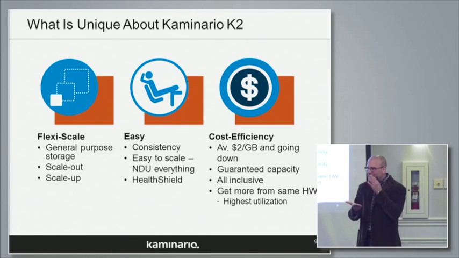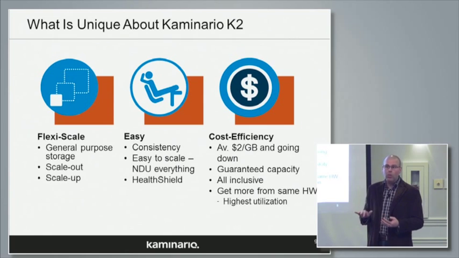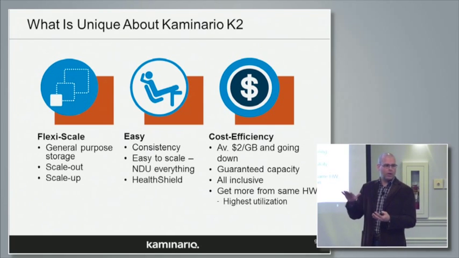It allows customers to get exactly what they need, nothing more, nothing less, and grow their business on top of Kaminario any way they want. If they want to add capacity, if they want to add performance, if they want to add both, we're the only vendor in the market that can allow that.